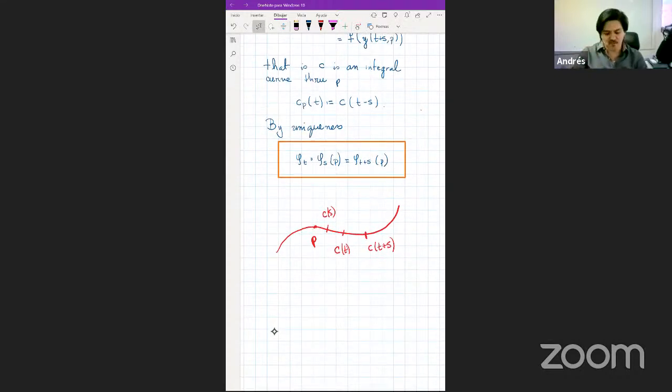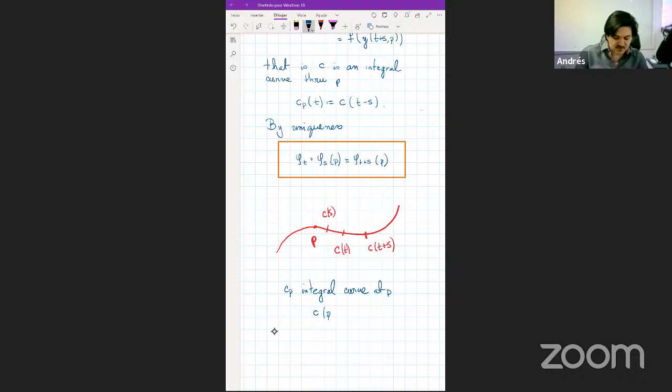Let's do it backwards if you want. And I'm going to use x. Remember that f is, okay, I will use the f as in the theorem.